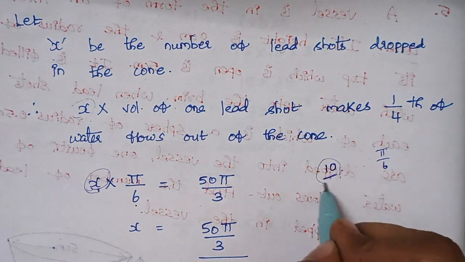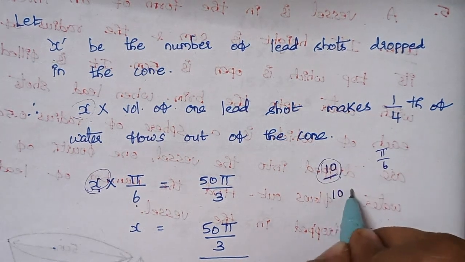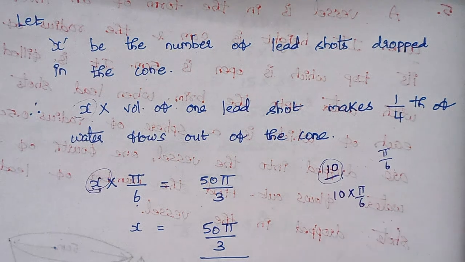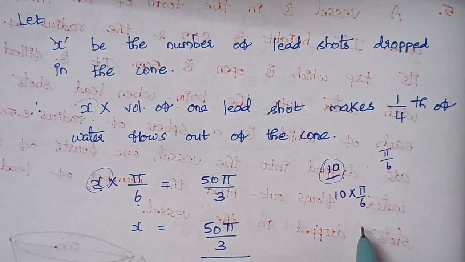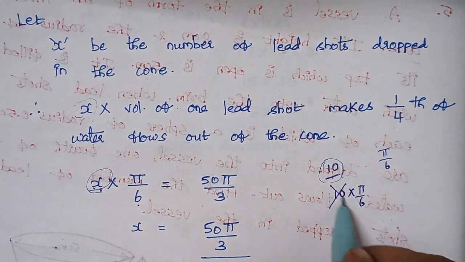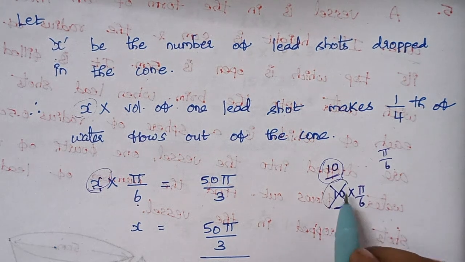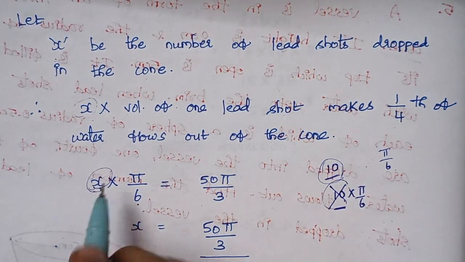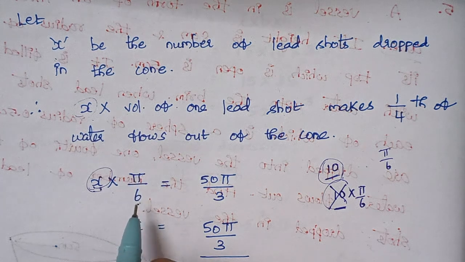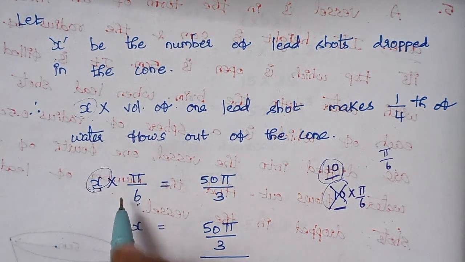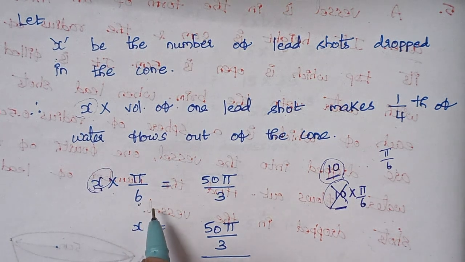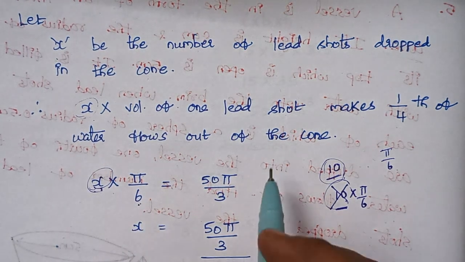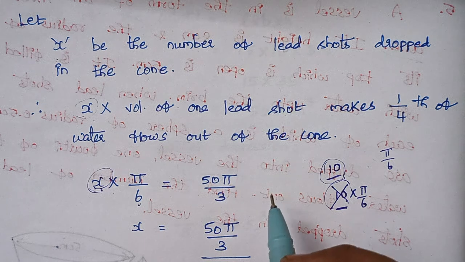Now, what about the volume of 10 lead shots? It is nothing but 10 into pi/6. Understand? The same thing, but now we don't know this value. So, we are keeping this value as x. So, x into pi/6, when you drop this much amount of lead shots into the water, what happens? 1/4 of the volume of the water flows out.